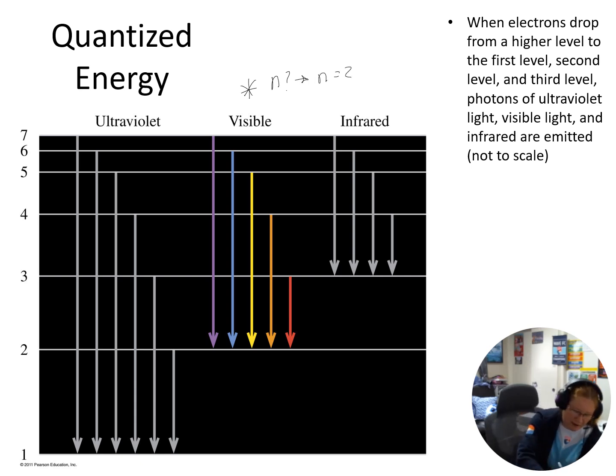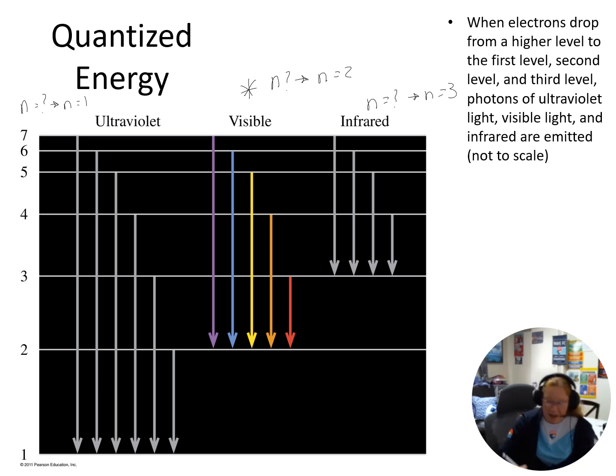Okay, ultraviolet, higher energy level down to n equals 1, and infrared, higher level down to n equals 3. And this makes sense because remember, violet light is higher energy than red light is. And so our ultraviolet spectra comes from a transition all the way down to energy level 1, the biggest energy transition. Infrared, we're only going down to 3, which is a shorter energy transition.